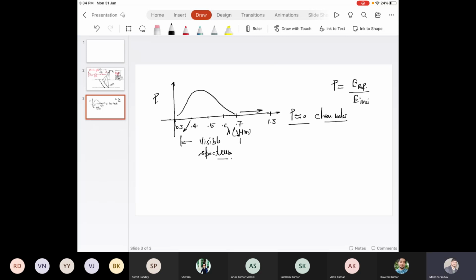The wavelength generally used in laser scanning is, let's say, 1.4 micrometer, so it is in the NIR band, near infrared band. What happens at lambda 1.4 micrometer, where rho is equal to 0? What does this mean? The reflected energy is equal to 0.